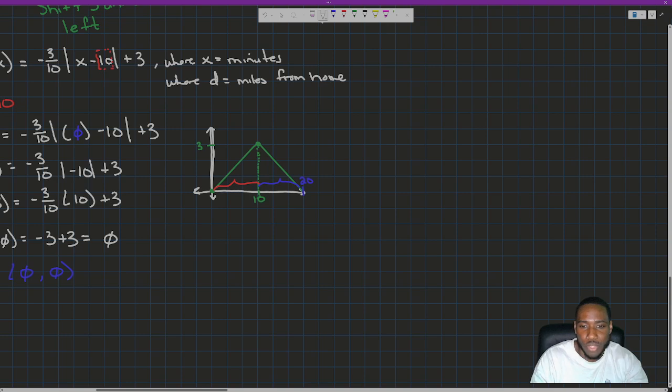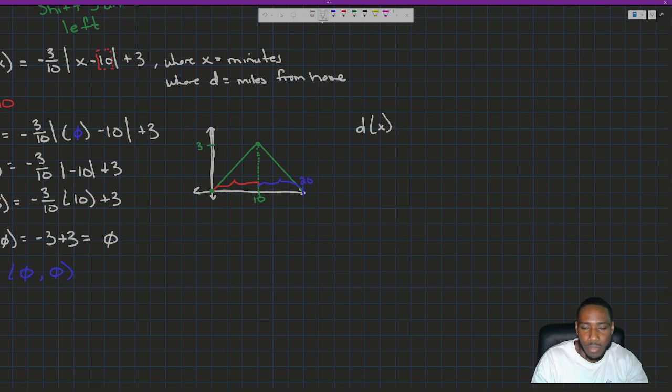So we're going to take the same equation. d of x is equal to negative 3 over 10 times the absolute value of, we're going to plug in 20. And so let's make the x here 20, minus 10, plus 3. d of 20 is equal to negative 3 over 10. 20 minus 10 is 10.